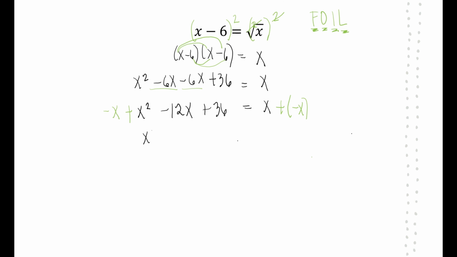X squared, and then combine negative x and negative 12x. That would be equal to negative 13x plus 36. Right side of the equation has x plus negative x, which equals 0. Now, to solve for the value of x in this equation, we may use the method of factoring.